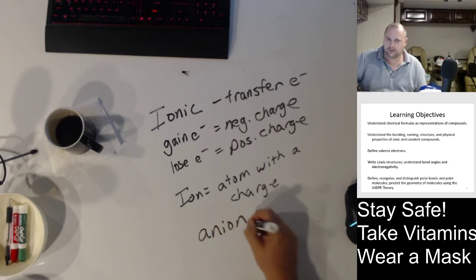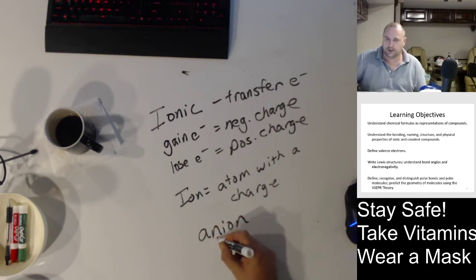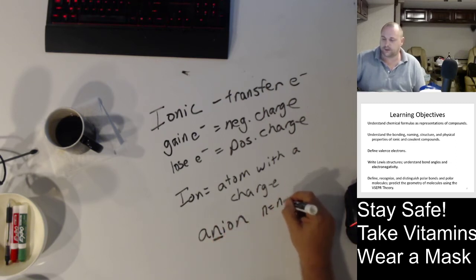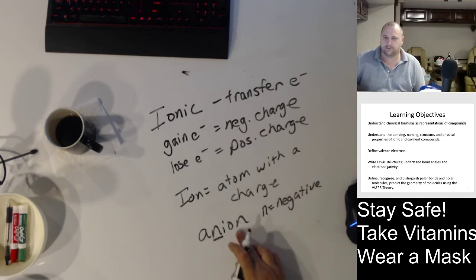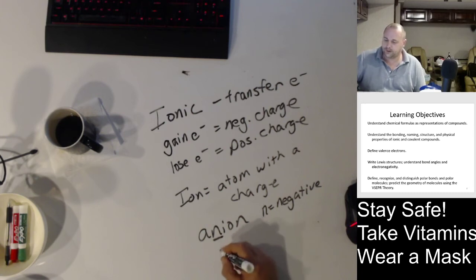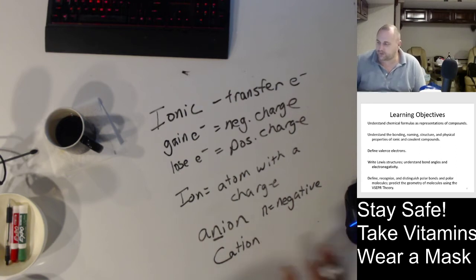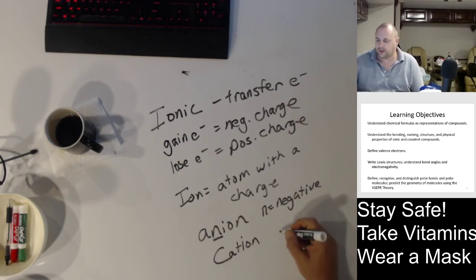Anion, a negative. It's got an extra N for negative. N for negative. A negative ion. It's right there in the name. All right. Anion, that's our negative. And then we have this cation. Now, I learned this all kinds of crazy ways, but let's just show you the easiest one here.